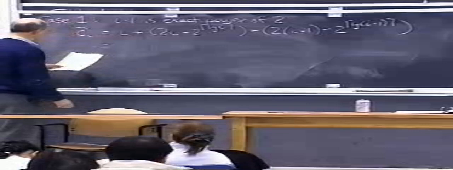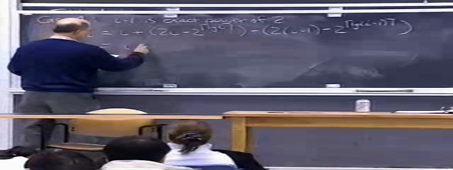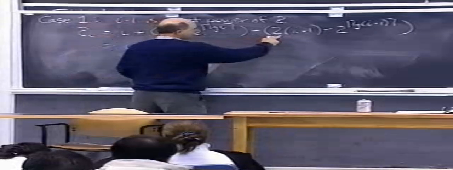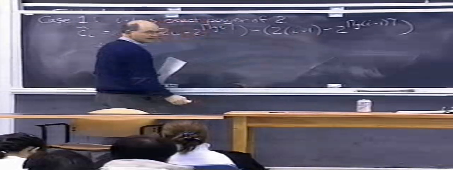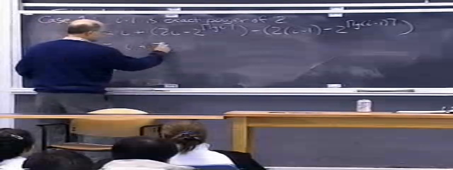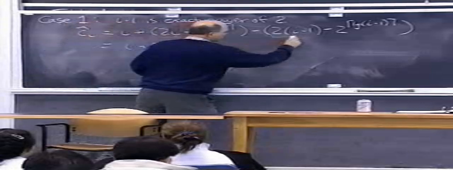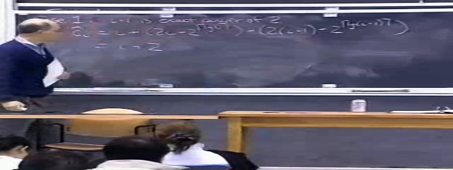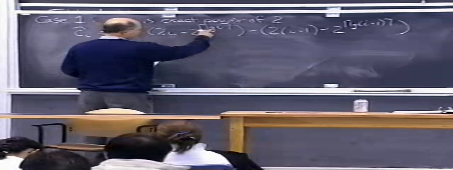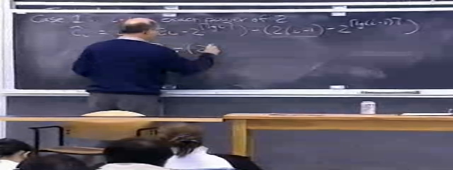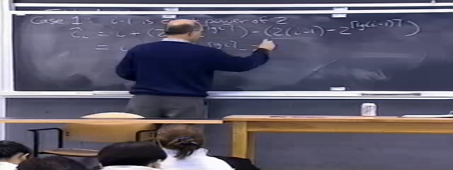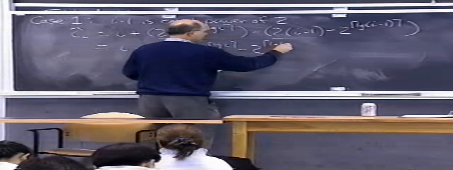I claim it's equal to I plus, now here I have 2I, and here I have minus 2I minus 1. So what's the difference there? 2. Right? This term and this term. Okay, it's 2. And then minus, okay, the difference there. 2 to the ceiling of log I minus 2 to the ceiling of log of I minus 1.